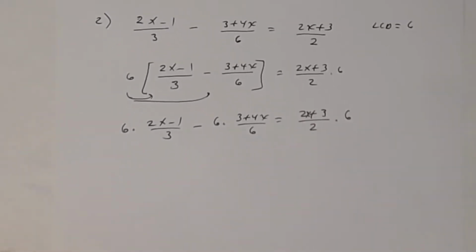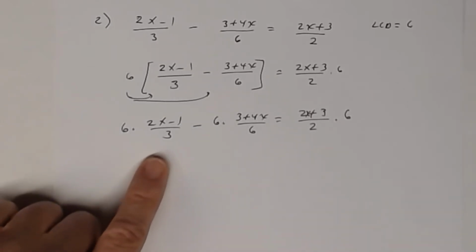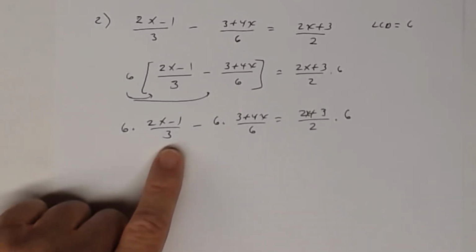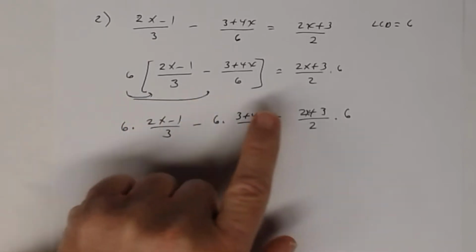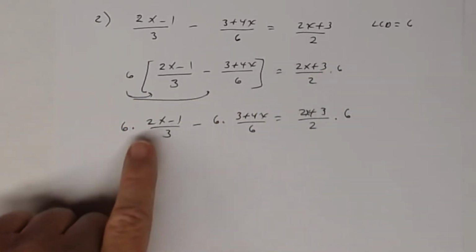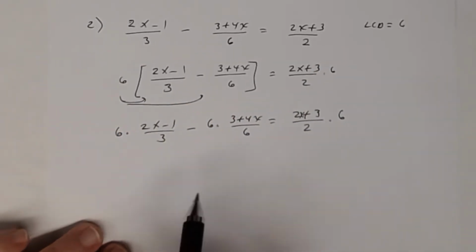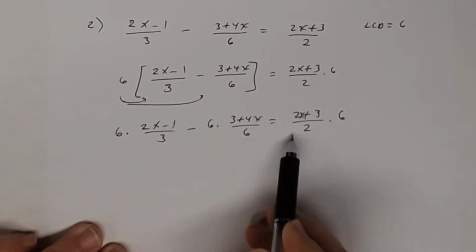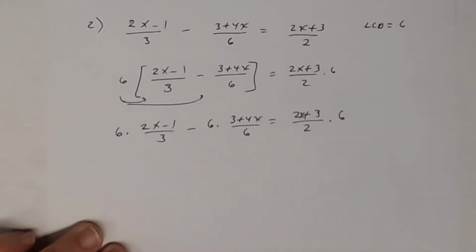All right, so now the next step is to reduce. Remember, the whole point of multiplying both sides by the least common denominator is to get these denominators to be factors of 1.